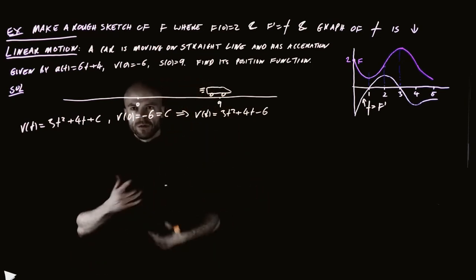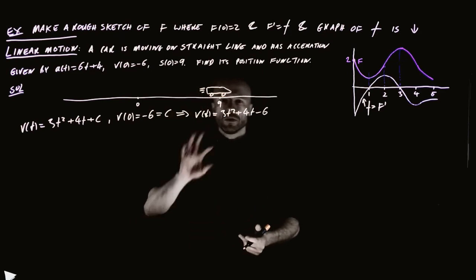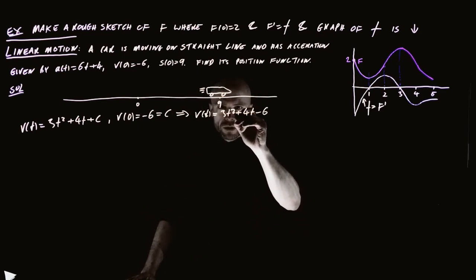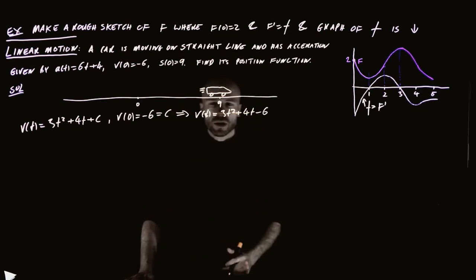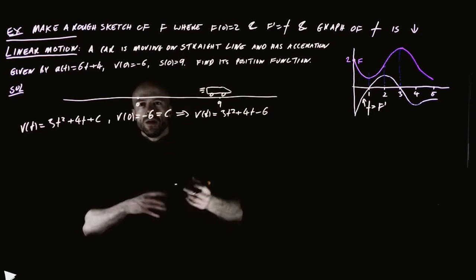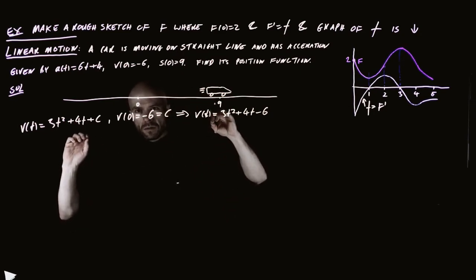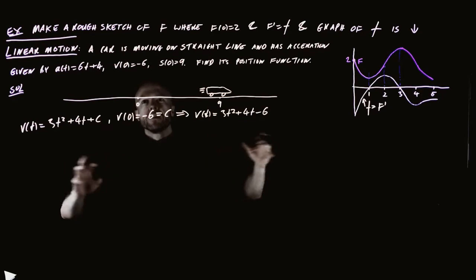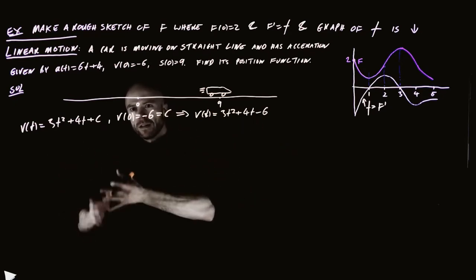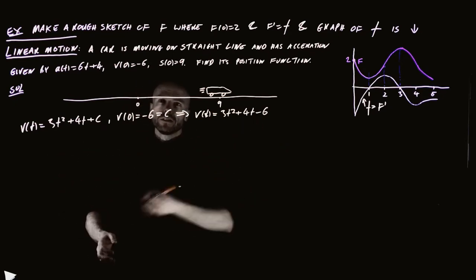Cool, but we want the position function. Well, actually, before we do that, let's just make sure that we find this a plausible answer. So we believe that the velocity, which is initially at minus 6, will be less and less negative until it actually hits 0, and then it'll start to increase.